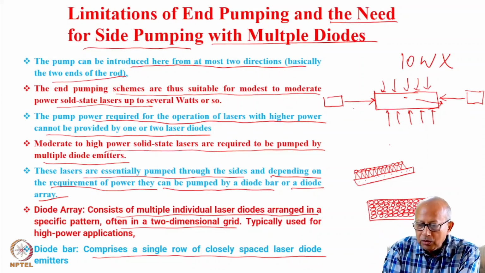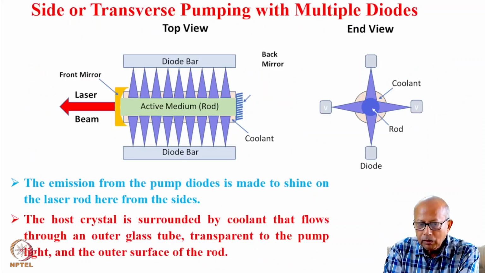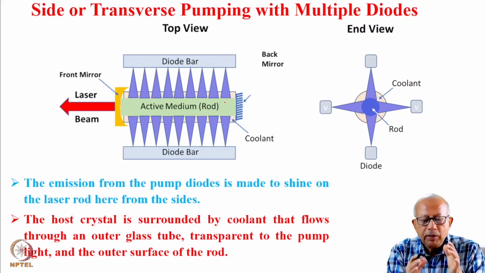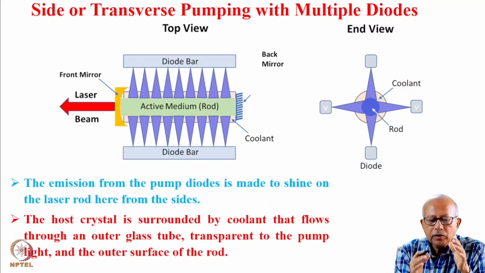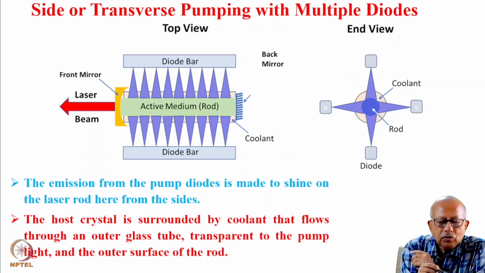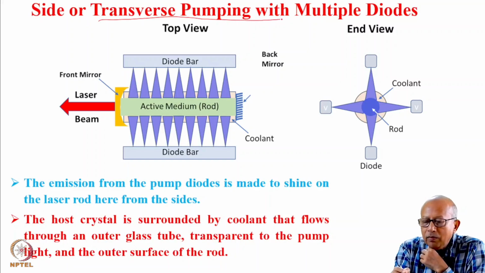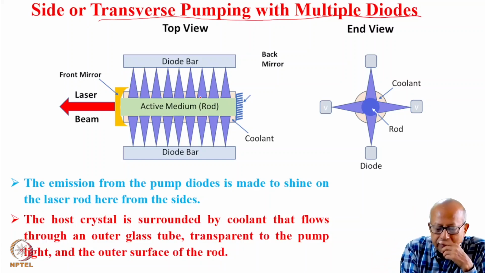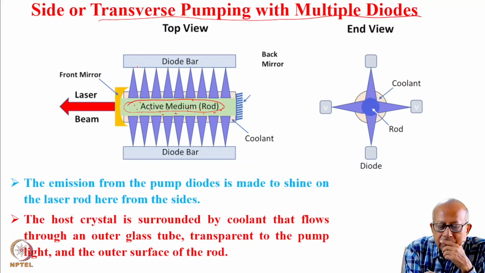So how do you use them? This is the experimental arrangement, shown very schematically and qualitatively, of how side or transverse pumping with multiple diodes will work. This is your active medium, the rod into which your atoms are doped, and this is the diode bar.